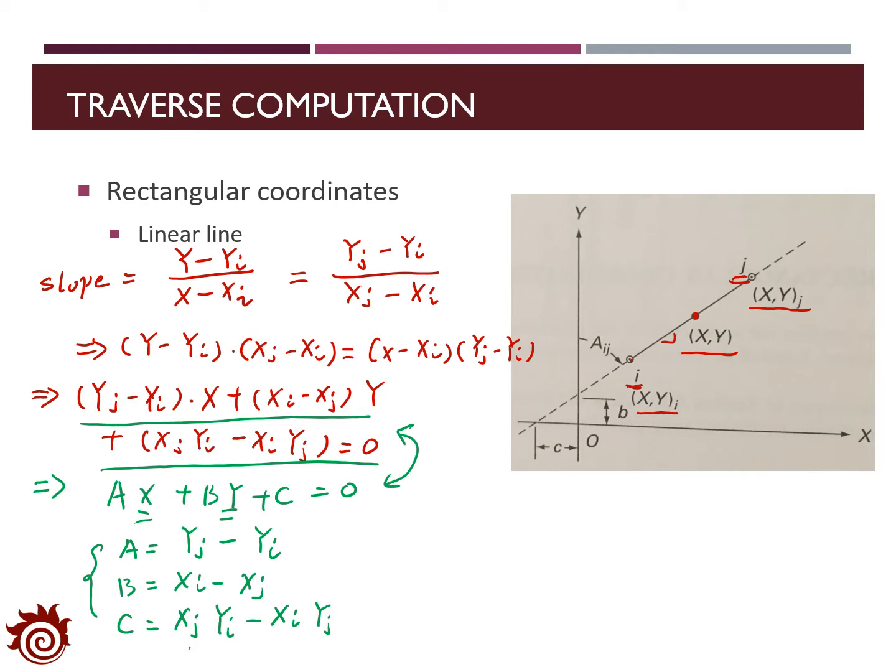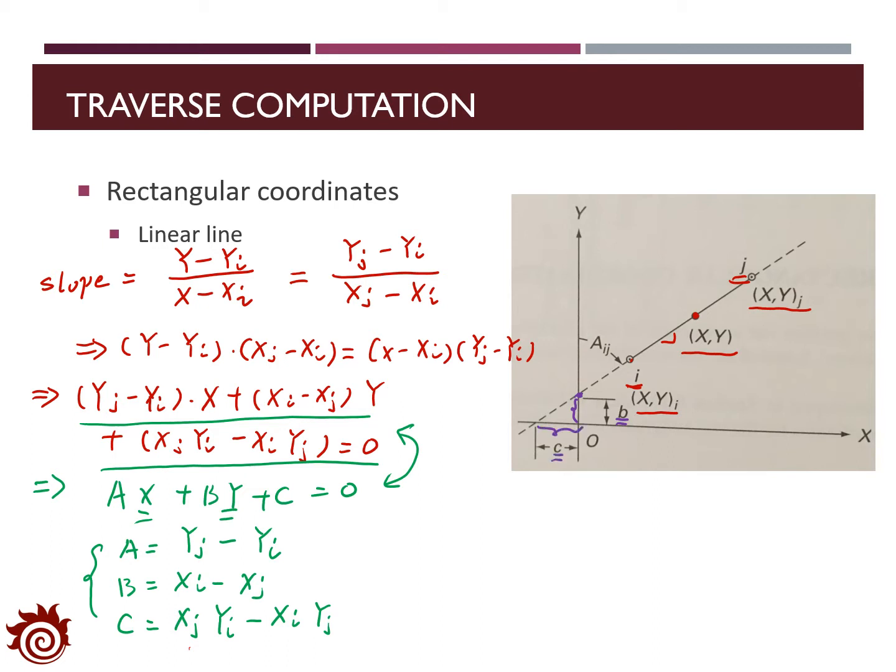In addition, if we extend this line in these coordinates, we can find that the line will intersect with the y-axis and the length here is letter b, and also it will intersect with the x-axis and the length here is letter c.